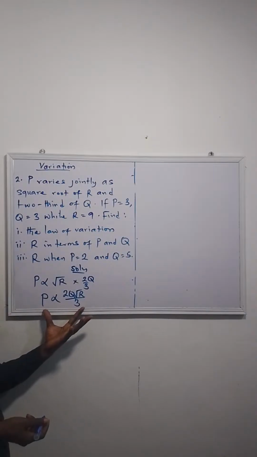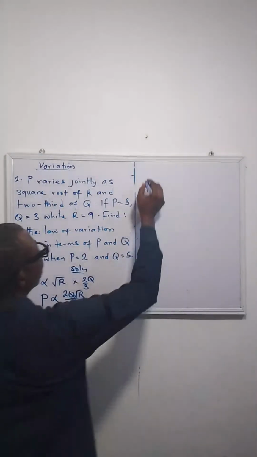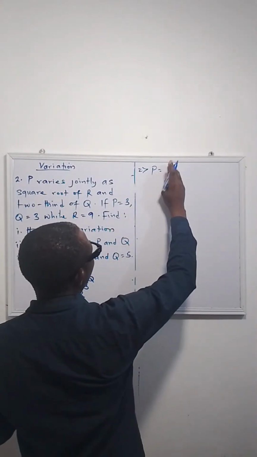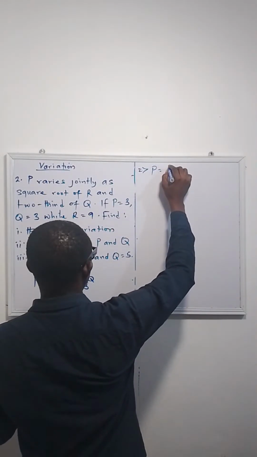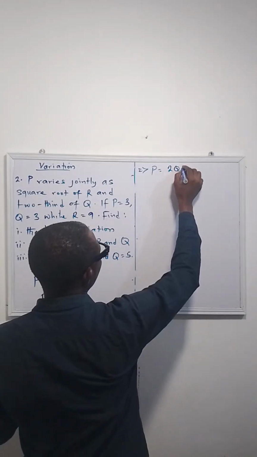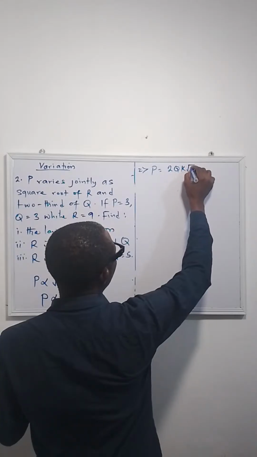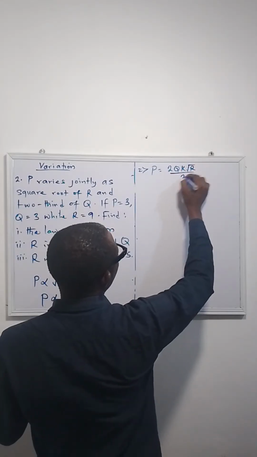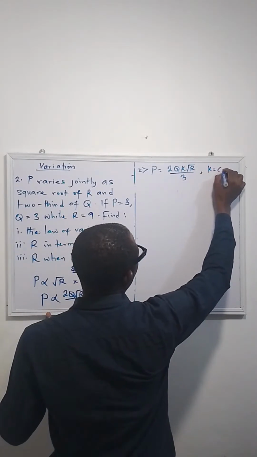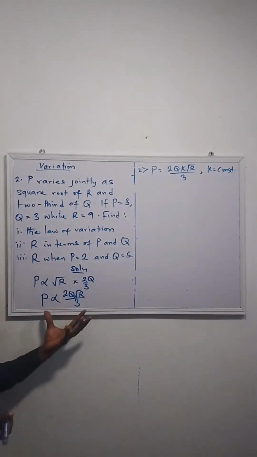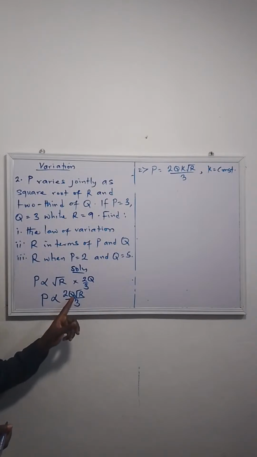If you have this, then it implies that P equals K times 2Q square root of R over 3, where K is a constant. Can you see what we just did? Look at the variation. We just introduced the proportionality constant there. So you put it here.